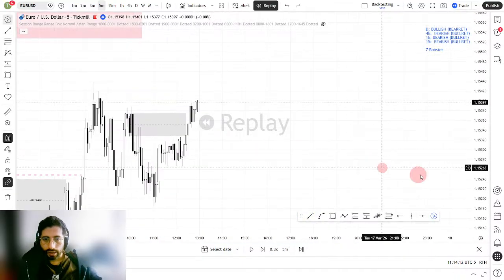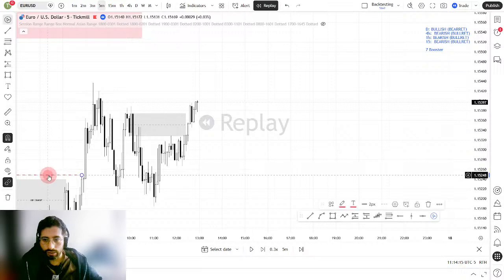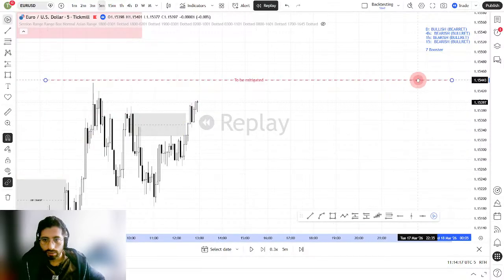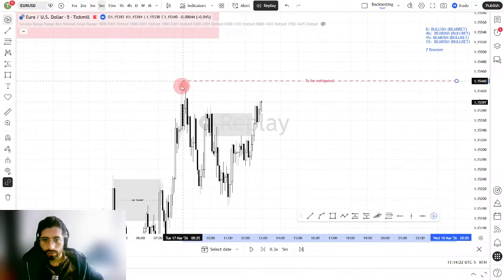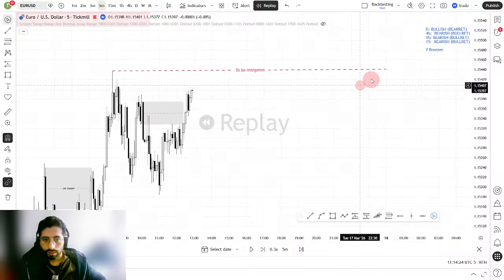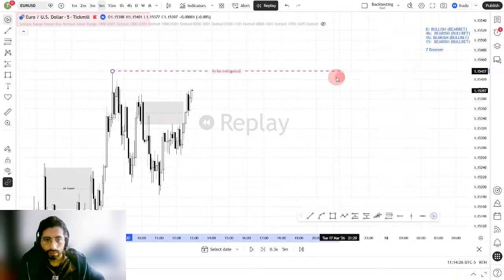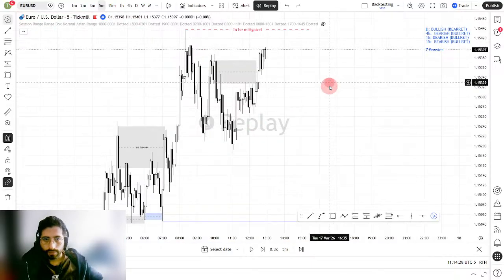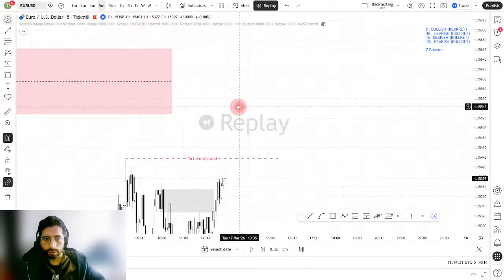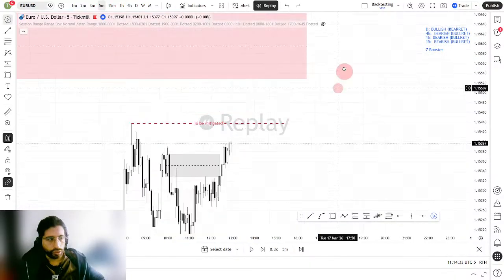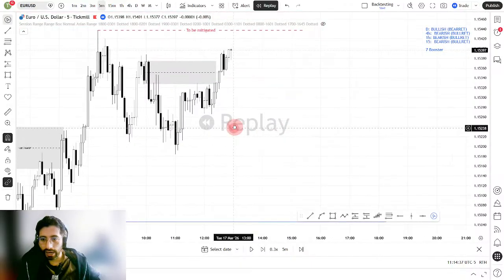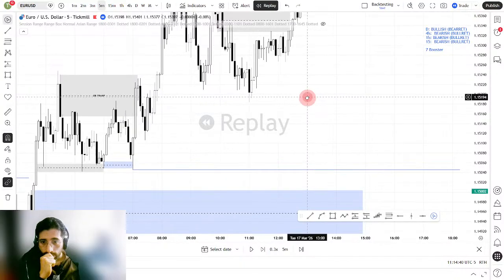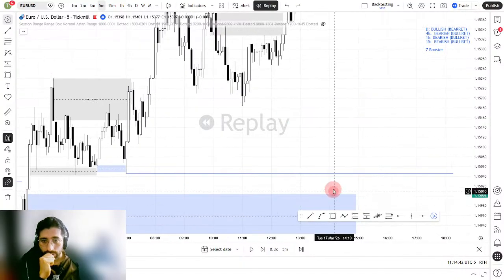Perfect. Now the next point to be mitigated should be this one, until this block. So we can take advantage of this movement. Let's see if we actually can do that, or if the price would just continue pushing up without us.